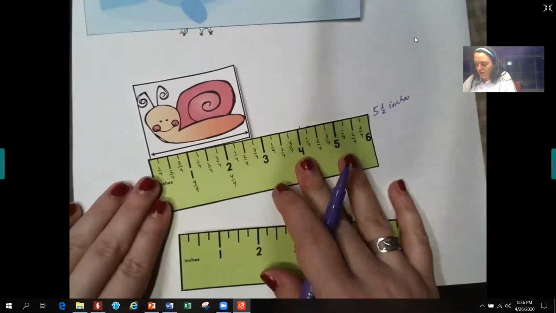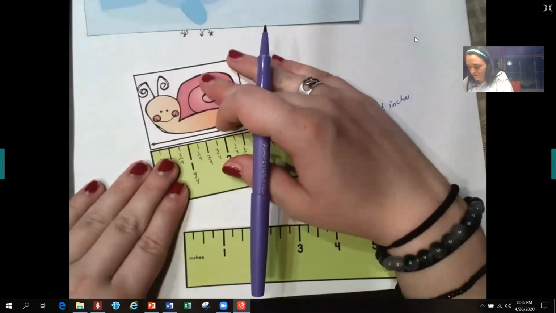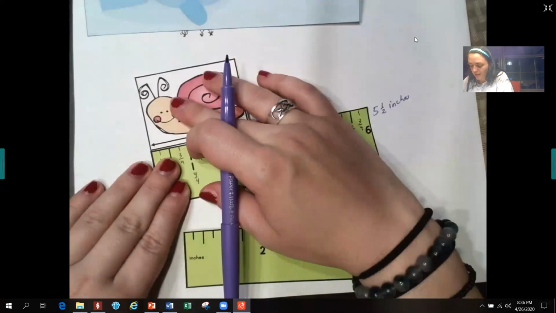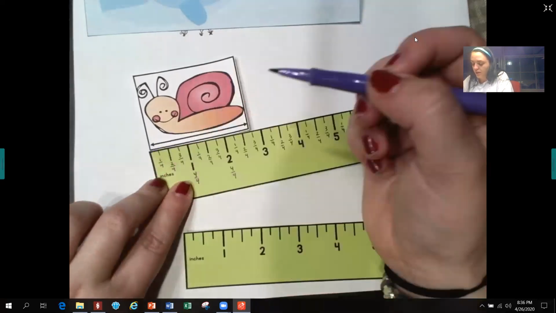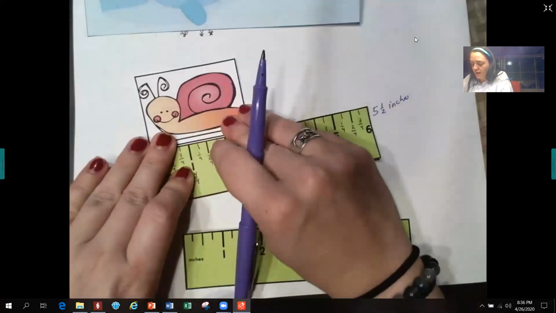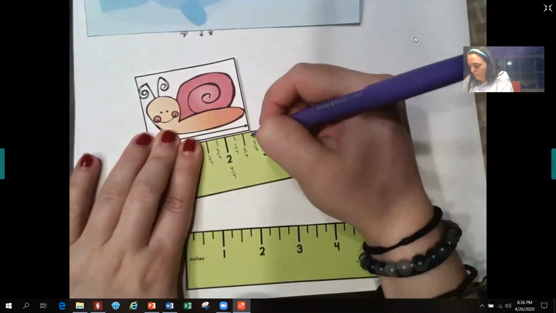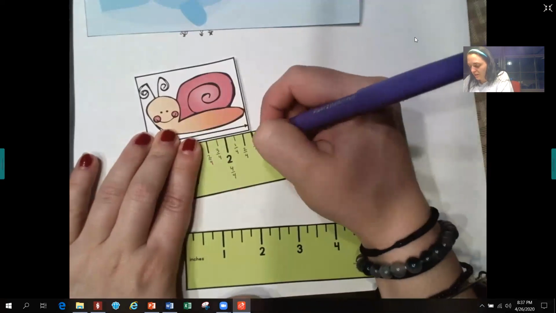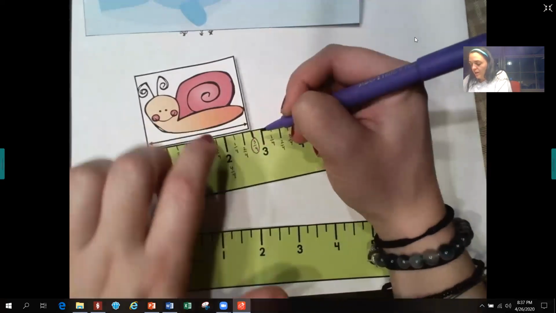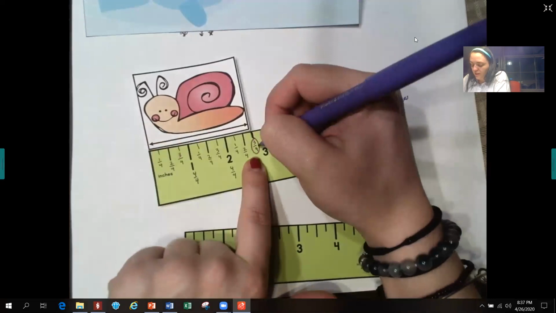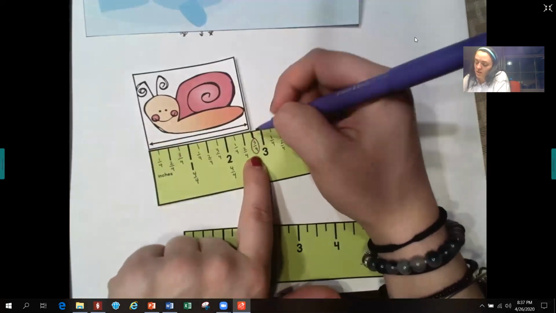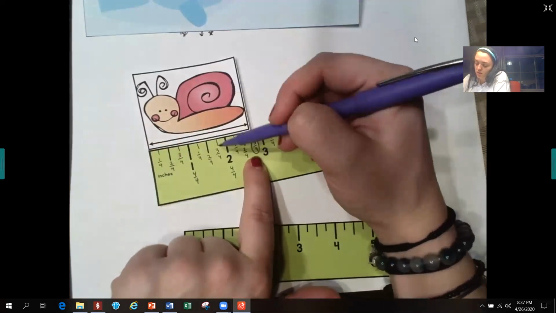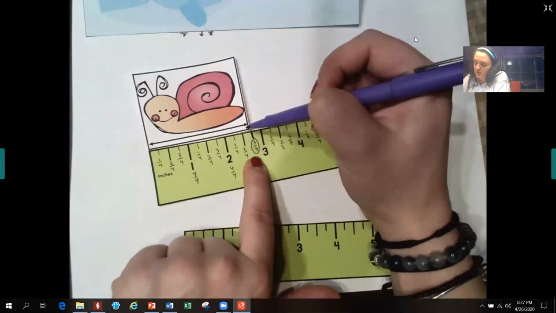So let's measure this snail. I line up the left side of the snail at 0, and then I'm going to write on my ruler where the snail ended. I can see that the snail ended right here. But the snail isn't just 3/4 inches long. It's two wholes and 3/4.